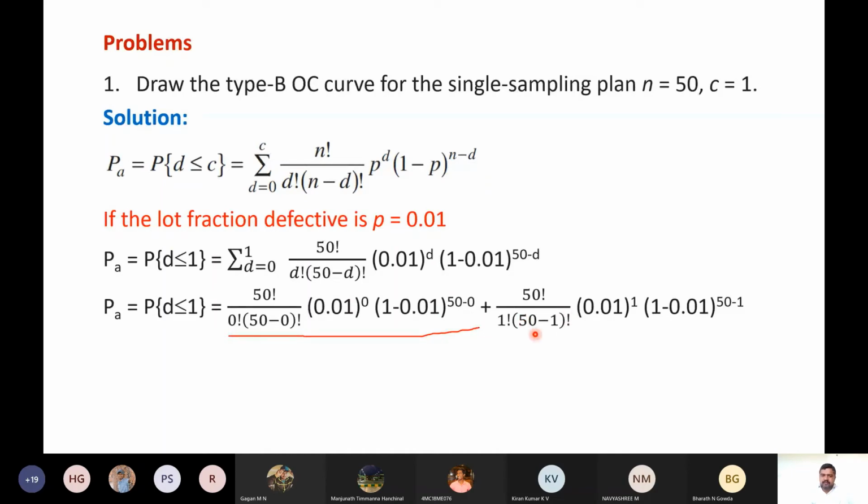If you add these two, you will get the overall probability of acceptance for fraction defective 0.01. Find the value using a calculator. The overall probability of acceptance will be 0.91. So this is for lot fraction defective 0.01.